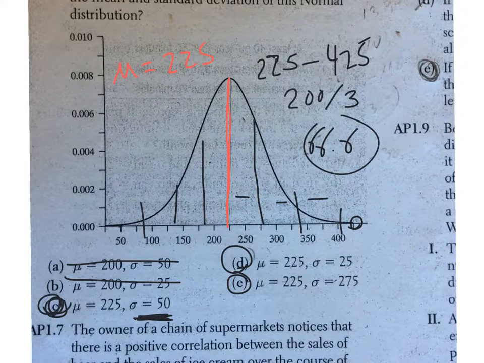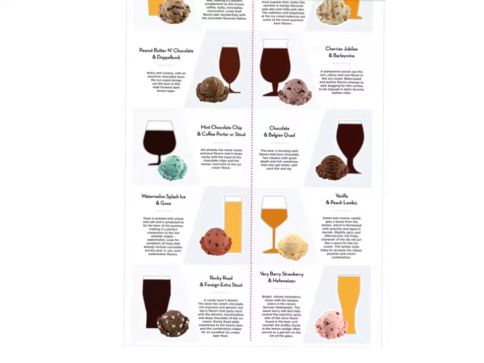Okay, let's go to the next one. Here's number 7. So basically, they're noticing a correlation between beer sales and ice cream sales, which I don't really think that they go together.